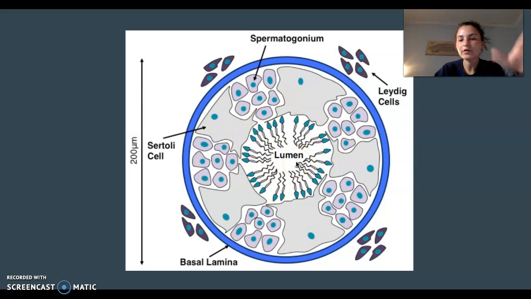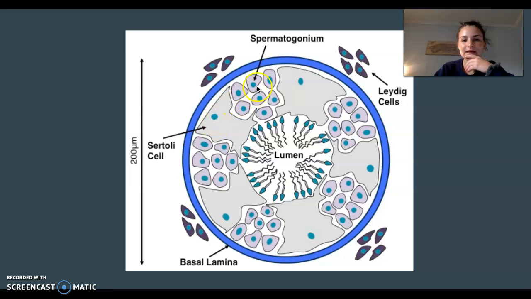Sperm aren't fully mature until they are immersed in a couple of secretions produced by some glands in the male reproductive system, but they're pretty close to becoming mature at this point.